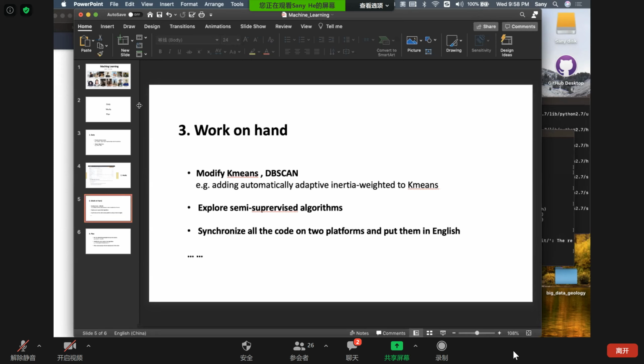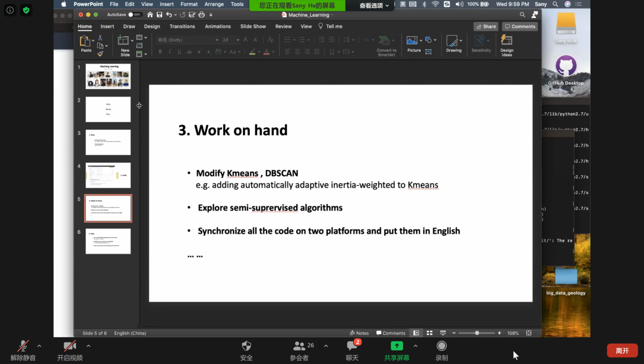He will try to modify them using C language, because as we all know, most of their code is written in C language to make packages for Python, and he's trying to do it by coding them in C language.